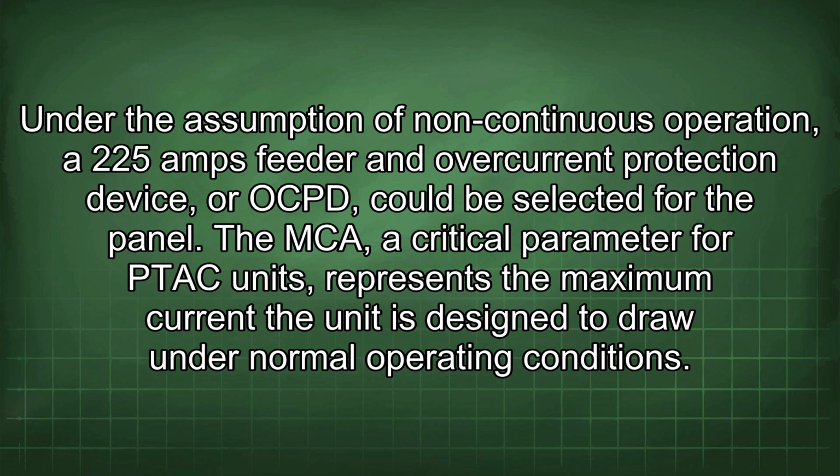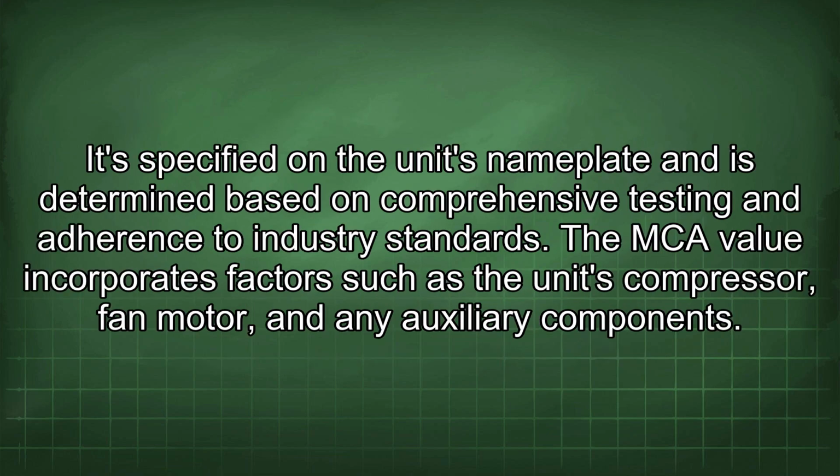The MCA, a critical parameter for TAC units, represents the maximum current the unit is designed to draw under normal operating conditions. It's specified on the unit's nameplate and is determined based on comprehensive testing and adherence to industry standards. The MCA value incorporates factors such as the unit's compressor, fan motor, and any auxiliary components.